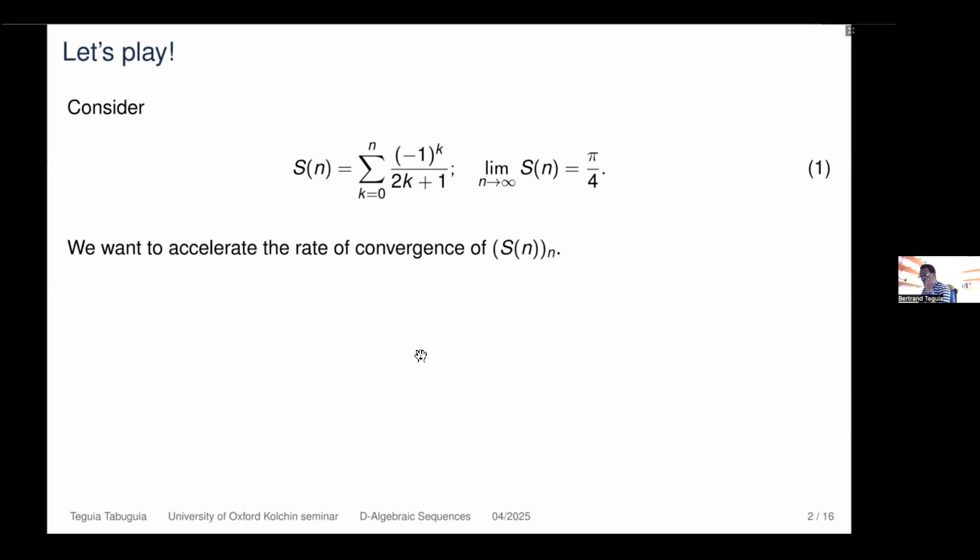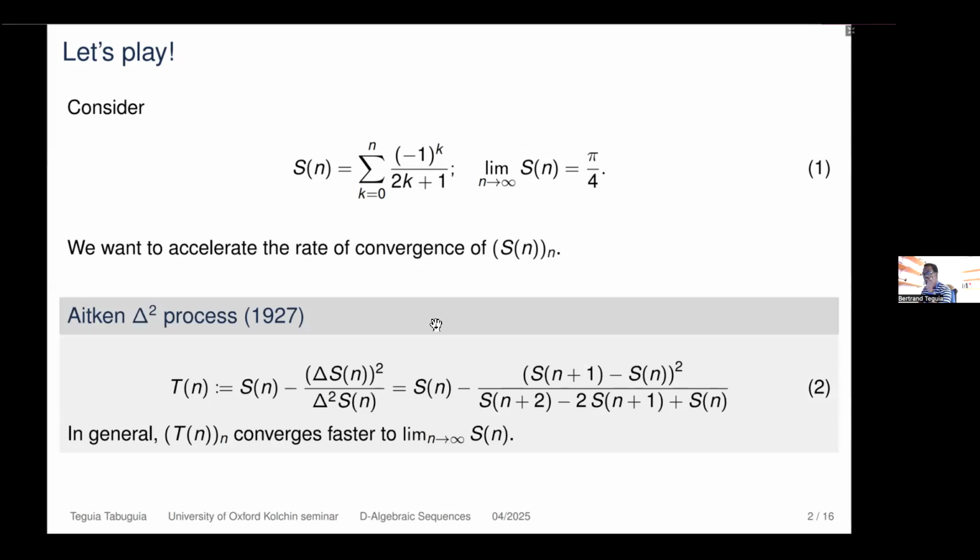It is known that this is one of the slowest sequences converging to pi. The technique we are going to consider is the so-called Aitken delta square process applied to a given sequence Sn.